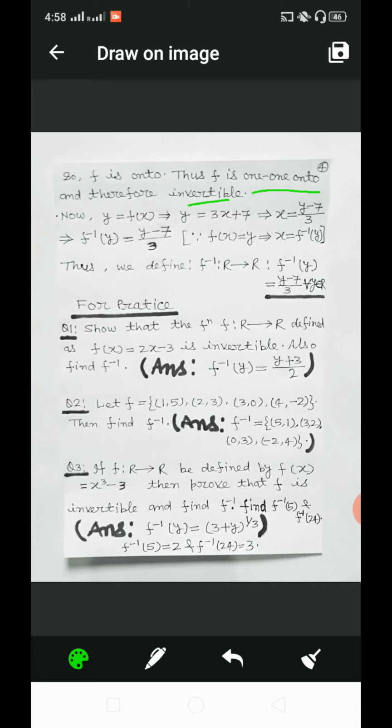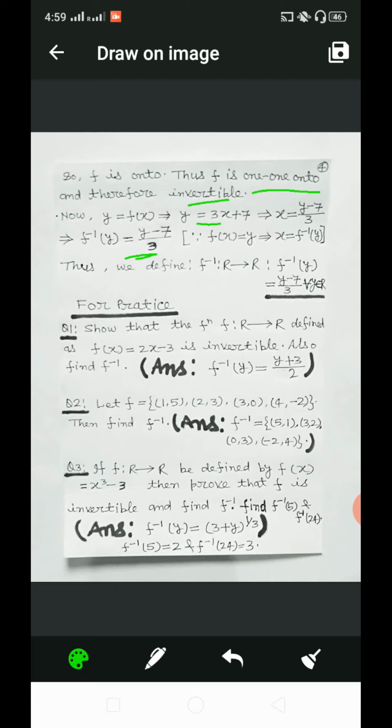Now y is equal to f(x) implies that y is equal to 3x plus 7, because f(x) is equal to 3x plus 7, and after solving we get x is equal to (y minus 7) by 3, and this implies that f inverse(y) is equal to (y minus 7) by 3.